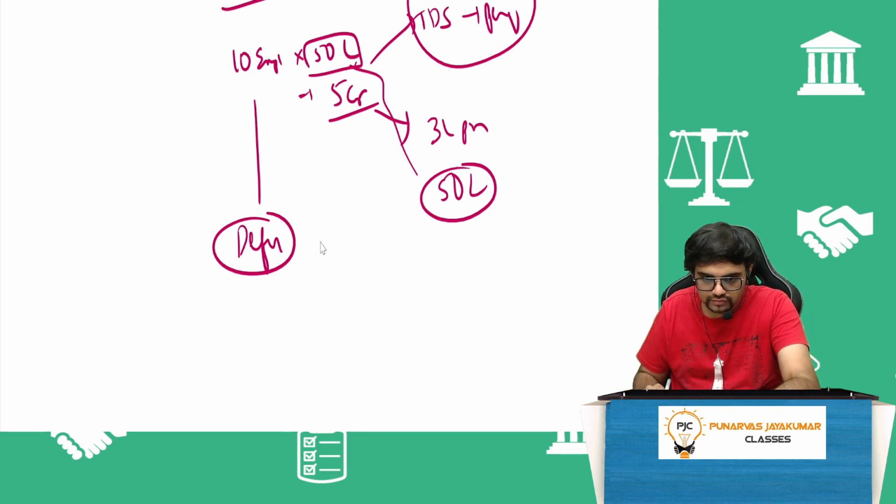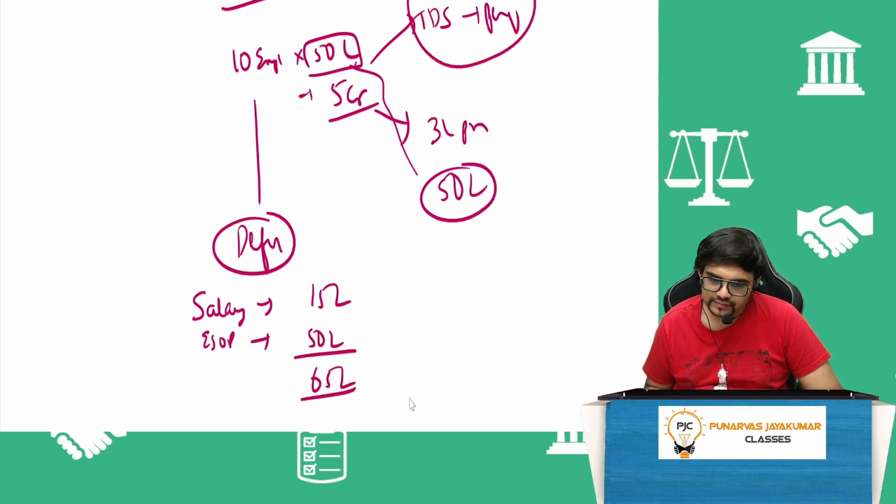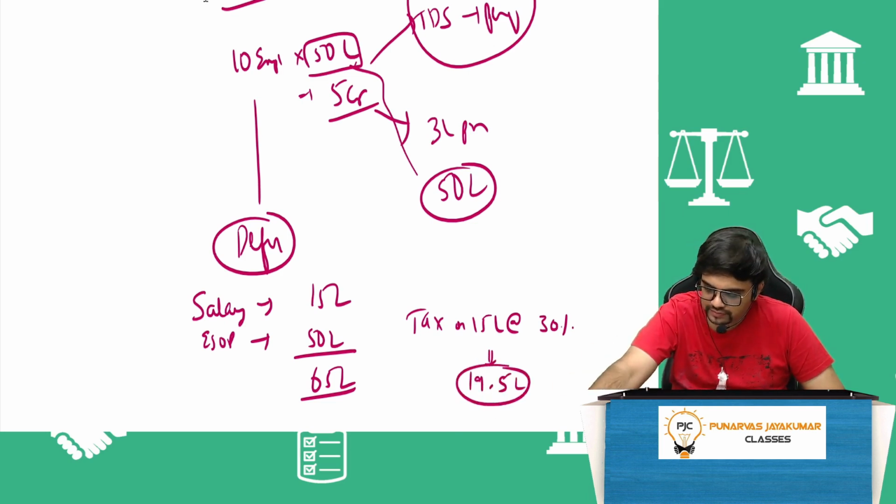So how will you defer? If my salary is, let's say, 15 lakh, and ESOP is, let's say, 50 lakh, overall 65 lakh. Sir, I will pay tax on 15 lakh at the highest rate, 30%, 19.5 lakh, no problem.